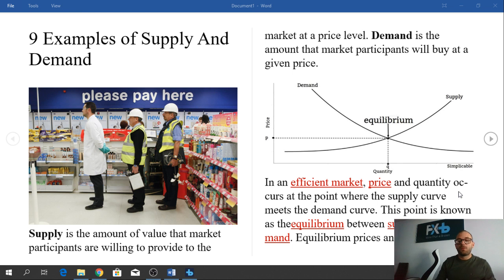But those who use this mostly are institutional traders, bank traders, hedge fund traders, and so on and so forth, who have buying power in the multi-millions and billions as well. And they're looking at a slightly longer time frame in regards to supply and demand imbalance.